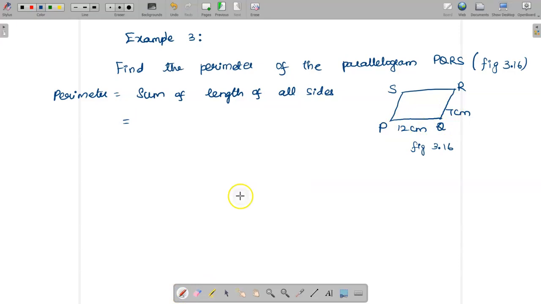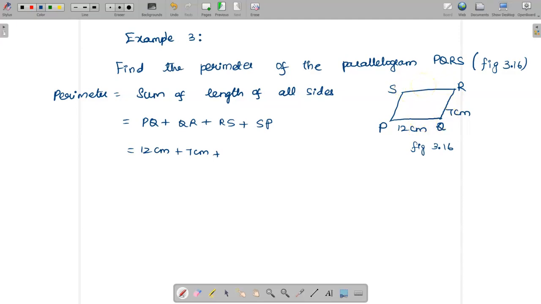It is PQ plus QR plus RS plus SP. These are the lengths of all the sides. Then what is the value of PQ? PQ is 12 centimeters. What is the length of QR? QR is 7 centimeters. What is the length of RS? RS we need to find out.